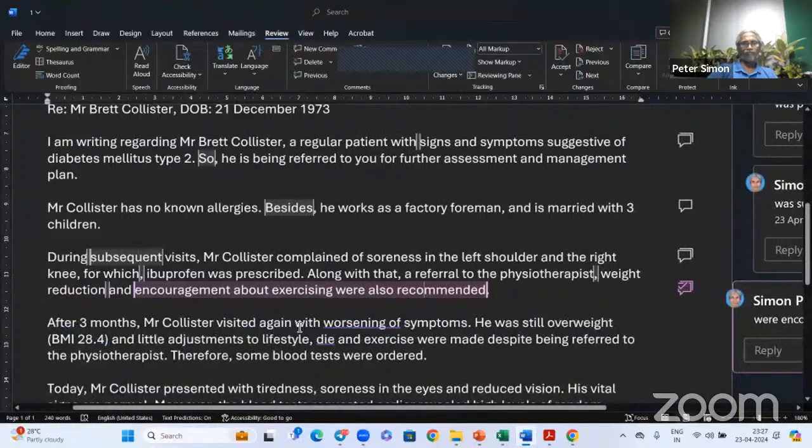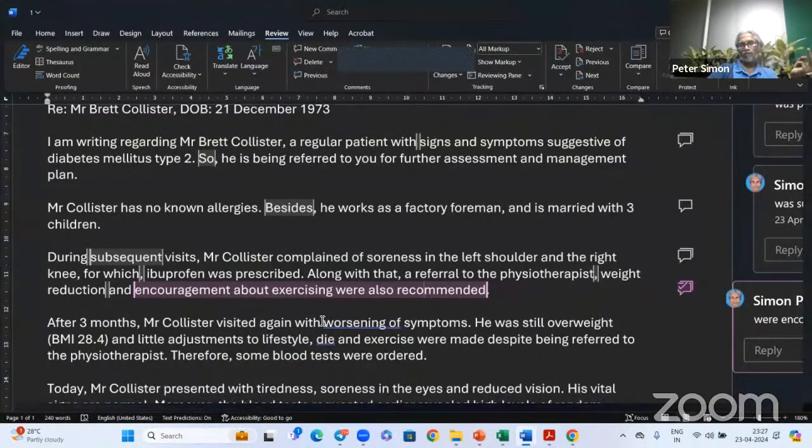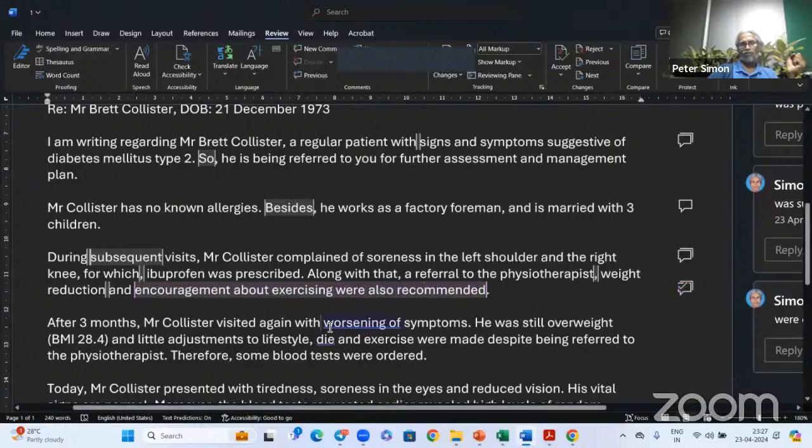Now here, we start again with the complaint of worsening symptoms, we can say. Or you can say with the worsening of symptoms.